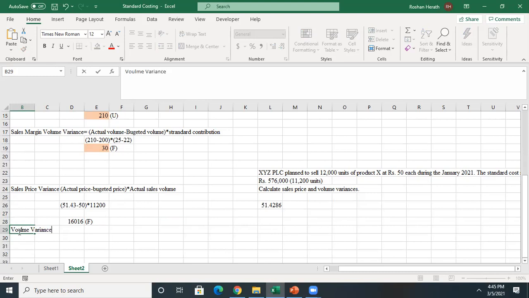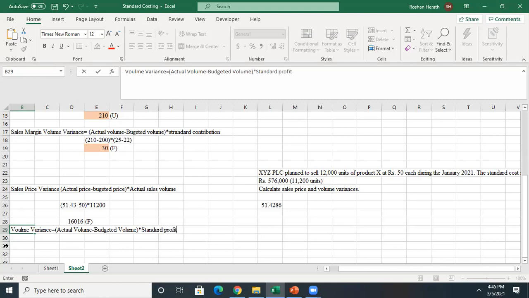Volume variance is going to be the actual volume minus the budgeted volume, into the standard contribution, right? Sorry, standard profit.